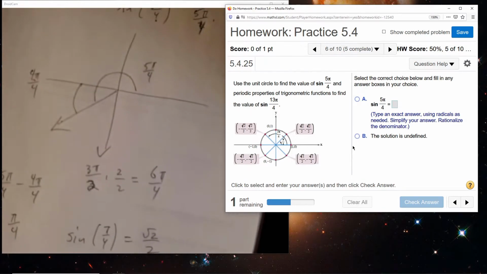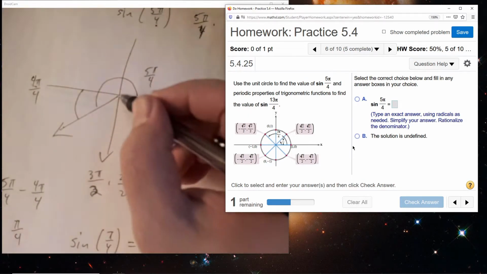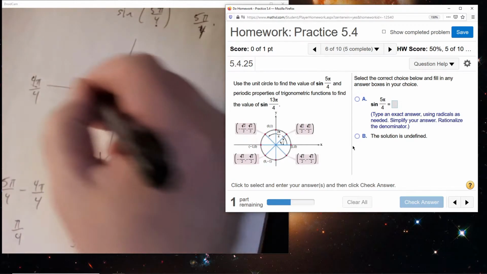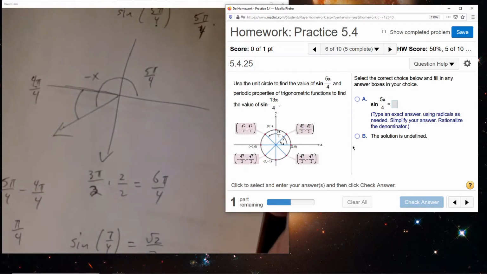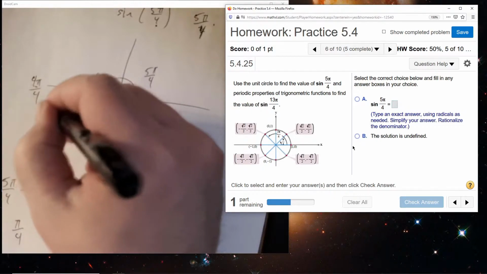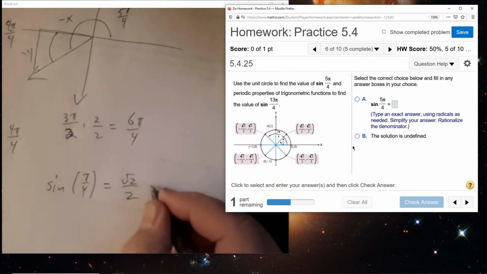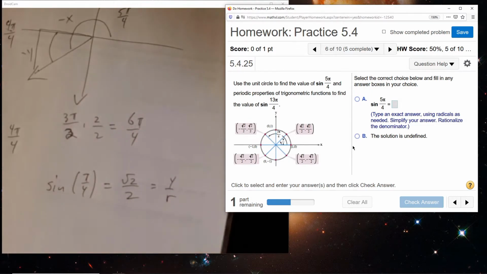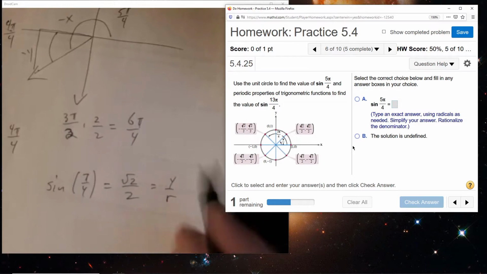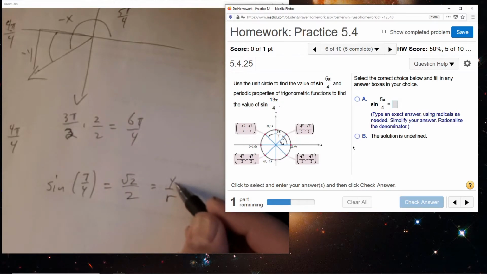Now we're going to look at a picture. So for our picture, we have a negative x direction and a negative y. So if we look at sine, we know sine is y over r. Now remember, for the reference angles, x, y, and r are always positive.